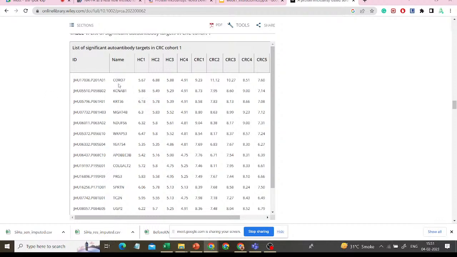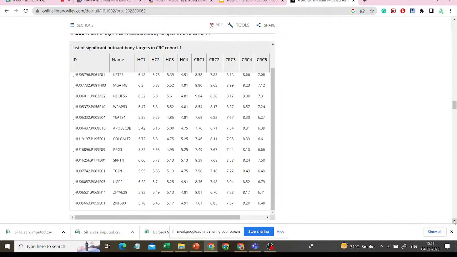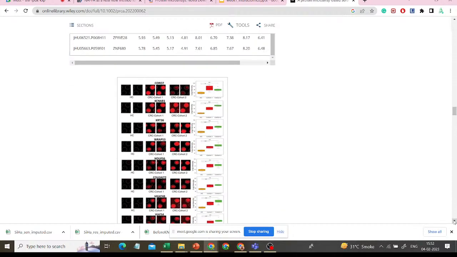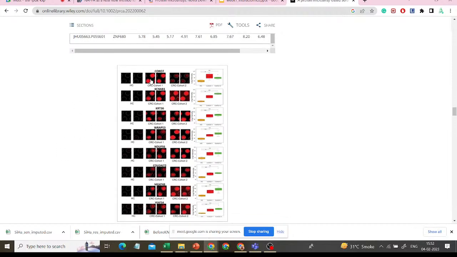So this list of significant autoantibody signatures will help you with early detection. Through screening and profiling of the serum samples of patients, you can get an idea of what is in the healthy control and what is in your patients.